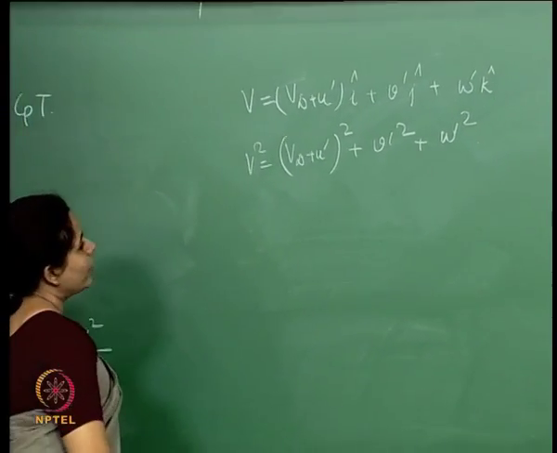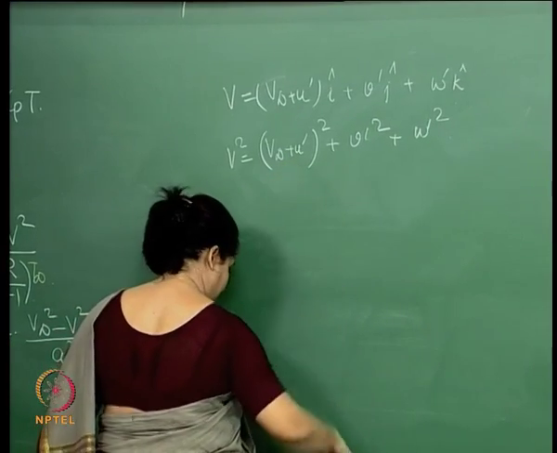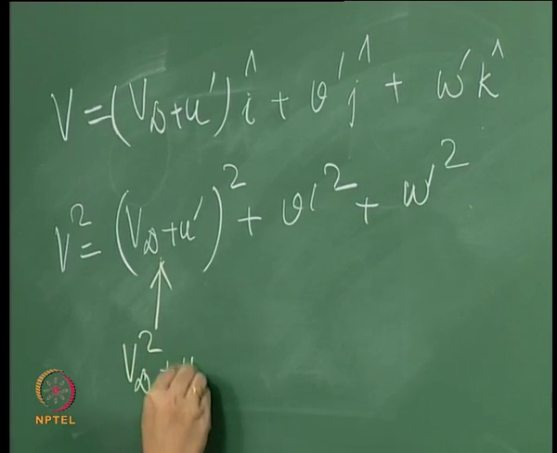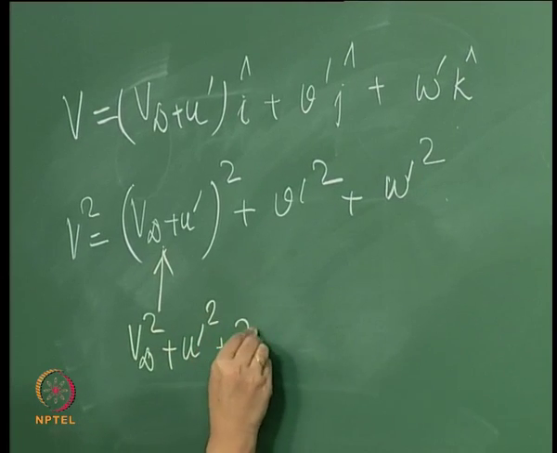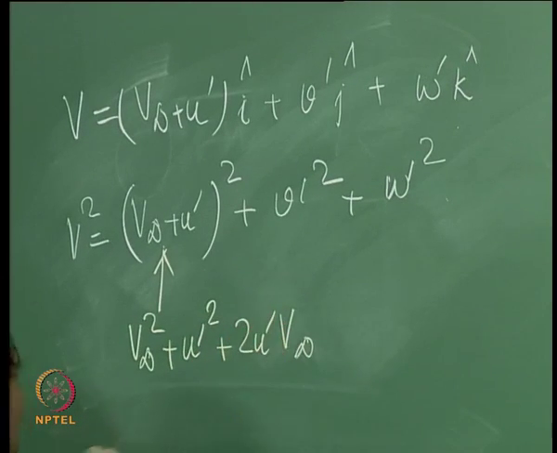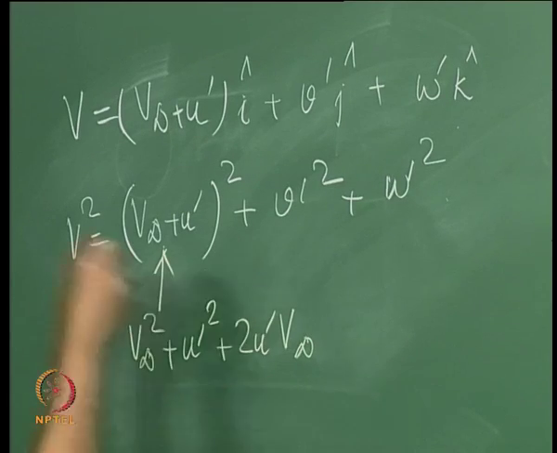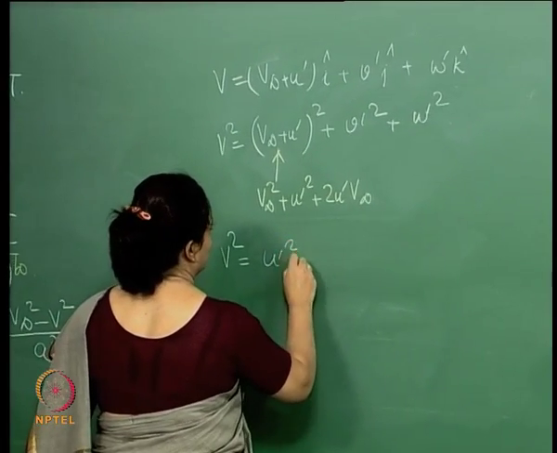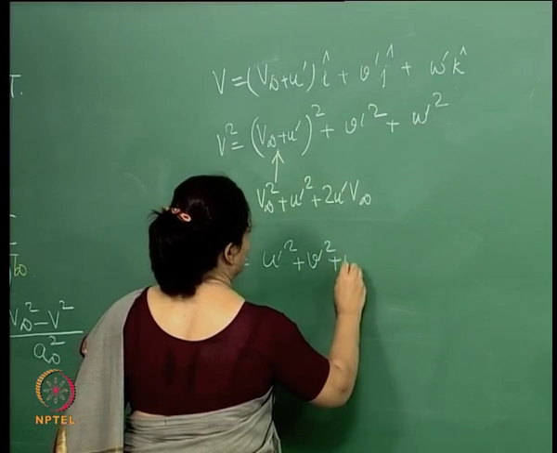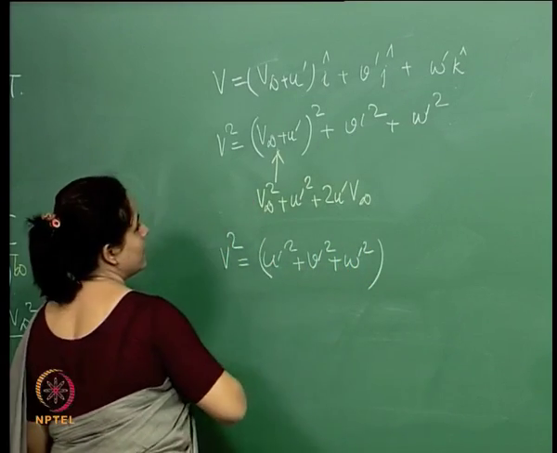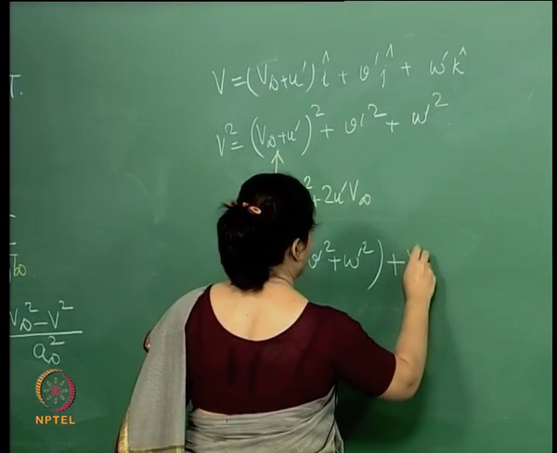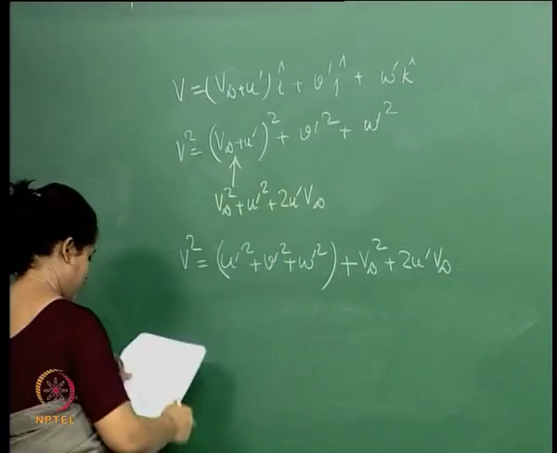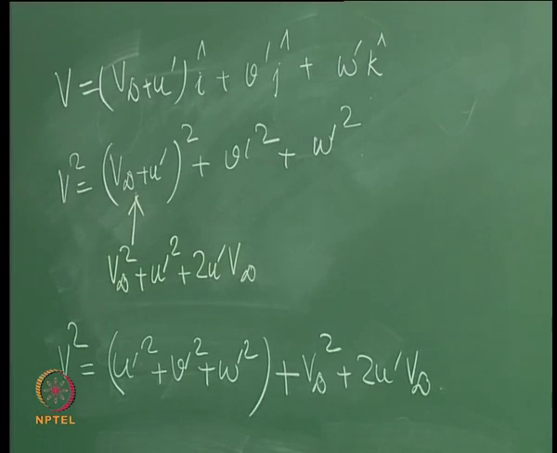If I do this, what I get from here is essentially this, and so I can write this whole V squared term as this. So the total V squared term is this.